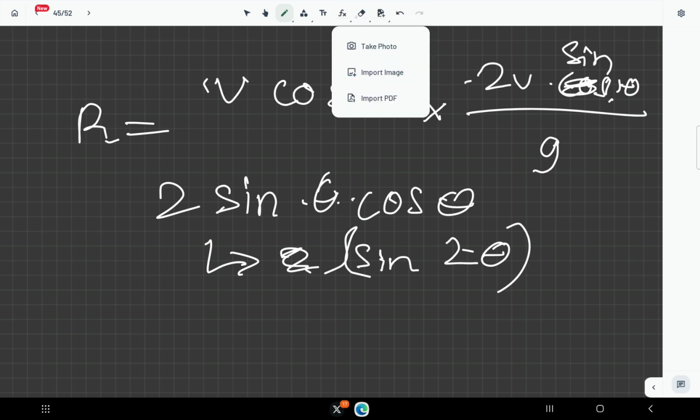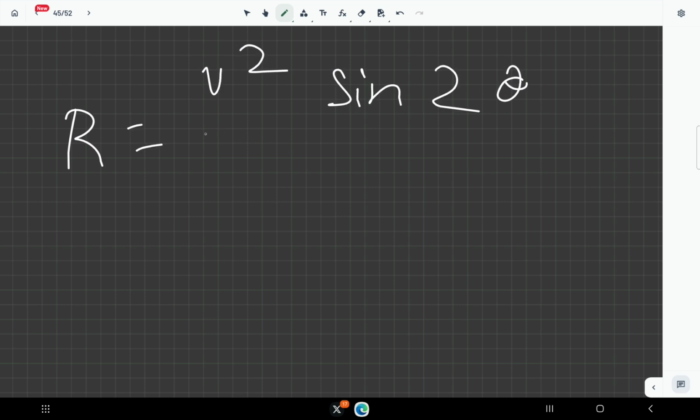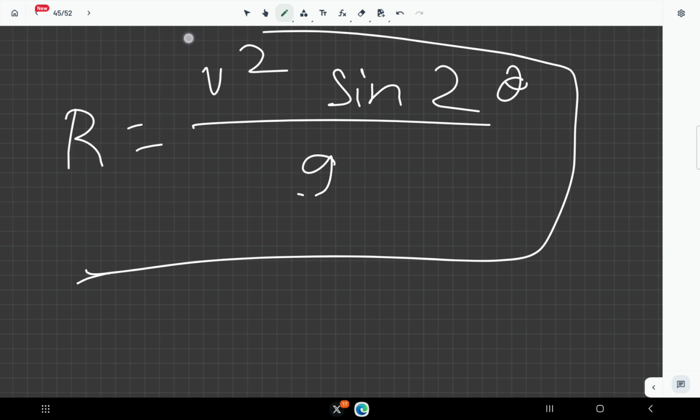And that's how we get our range formula: R is equal to V squared times sine 2 theta divided by g. Now this will be a formula to find the range in meters, that is the displacement of the cannonball.